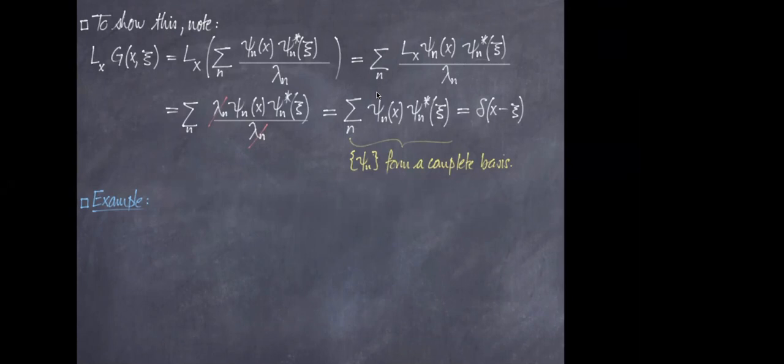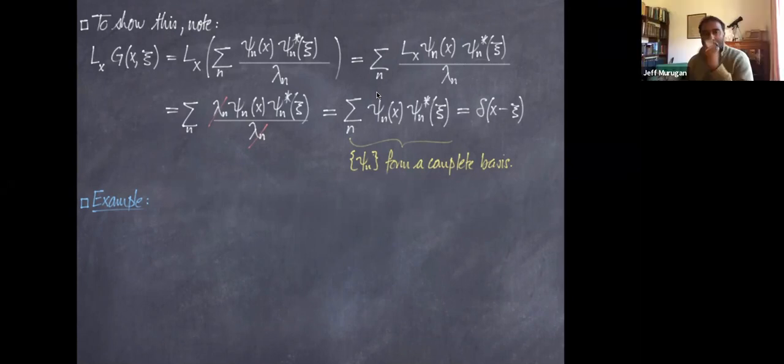Okay, so let's do an example, and the example I want to do is a very simple case of L just being a straight up second order differential operator. So let's consider the following.